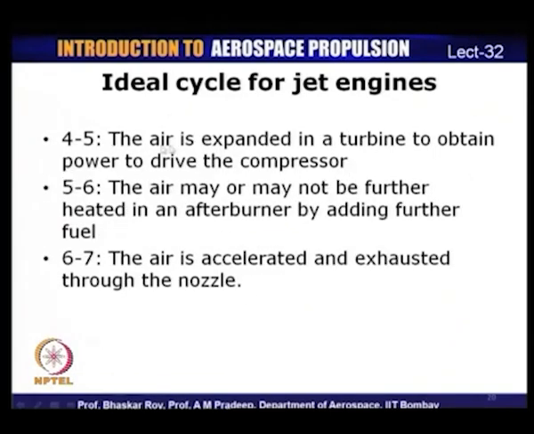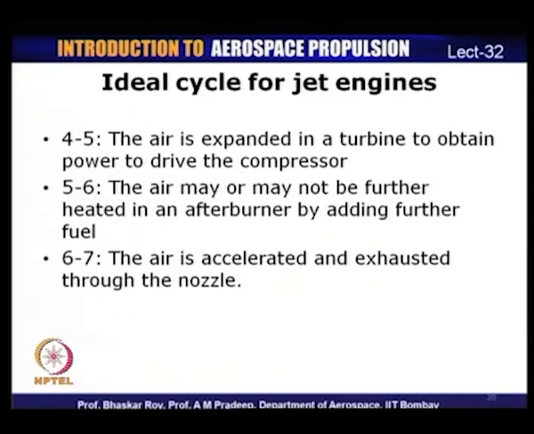4-5: air is expanded in a turbine to obtain the power, which is primarily used to drive the compressor. And 5-6: air may or may not be heated in an afterburner by adding further fuel. So, if an afterburner is used, then there is heat addition during this process as well. Process 6-7 is the nozzle, where the air is accelerated and exhausted through the nozzle.